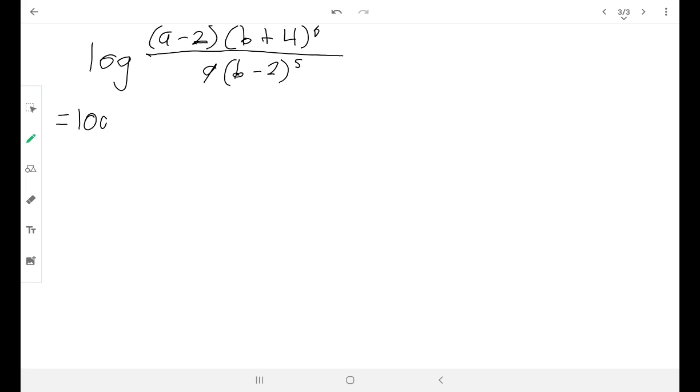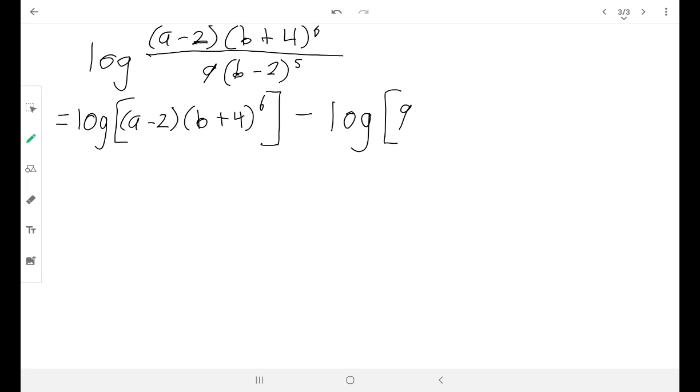This is log, remember that's log base 10, of all of this stuff, a minus 2 times b plus 4 raised to the 6th power minus the common log of 9 times b minus 2 raised to the 5th power.